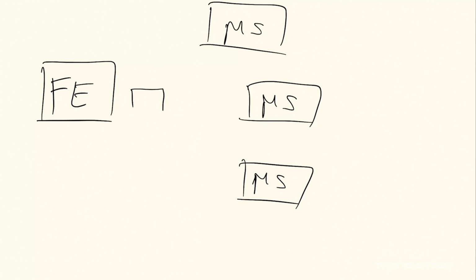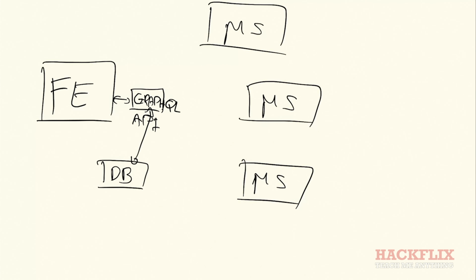One is what we call a broker. This is basically an API that's exposed via GraphQL, which is an API being called by the front end. And this GraphQL is in contact with a database, which is now not Oracle anymore, but Couchbase.